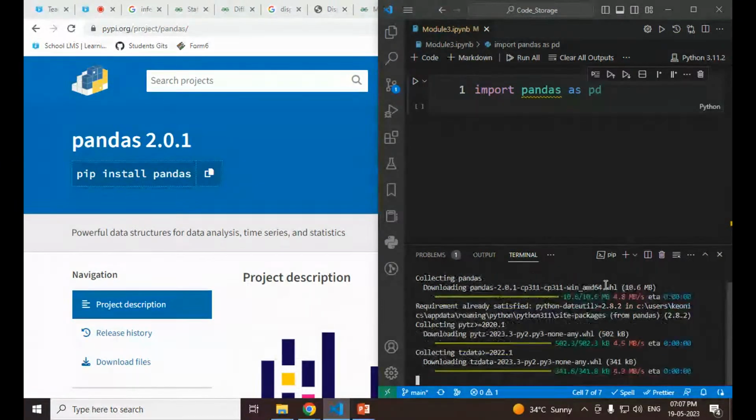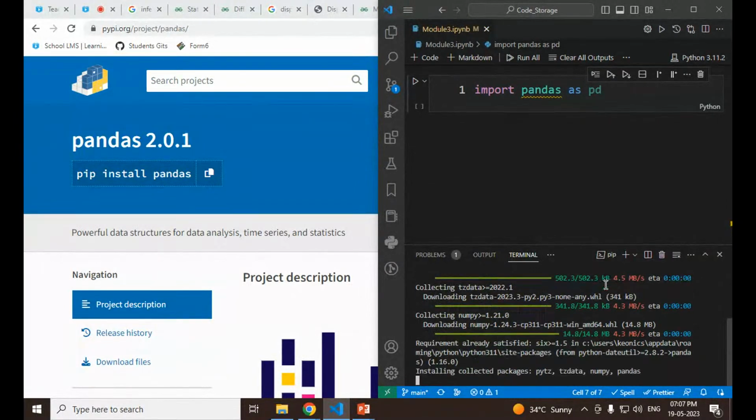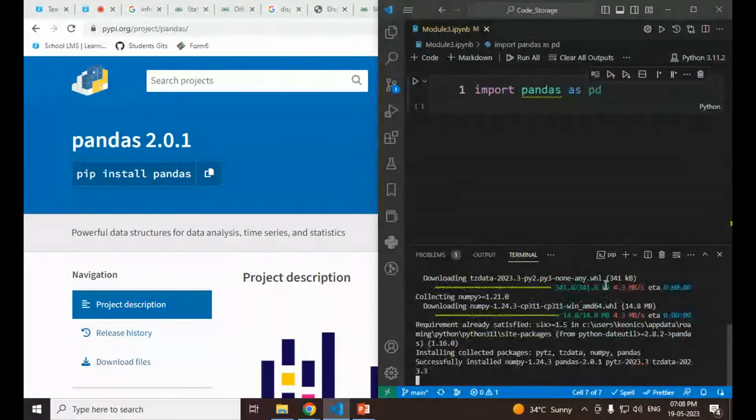Sorry, it's not bringing the package. Pip install pandas. What is it?